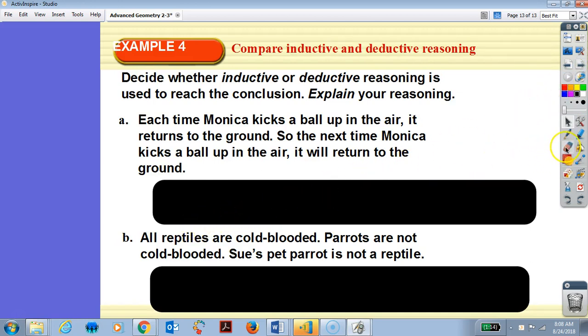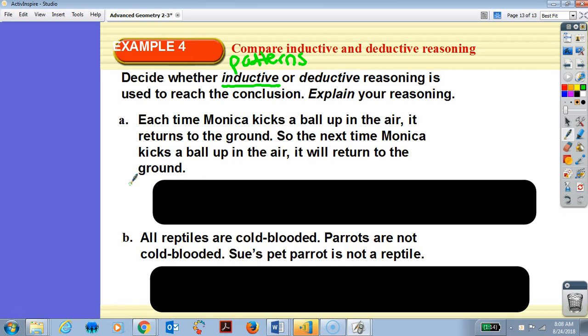Decide whether inductive or deductive reasoning is used to reach conclusions. Explain your reasoning. So, we learned about inductive reasoning yesterday, right? And what is inductive reasoning? That was based on patterns, right? Yesterday, we were figuring out the pattern.